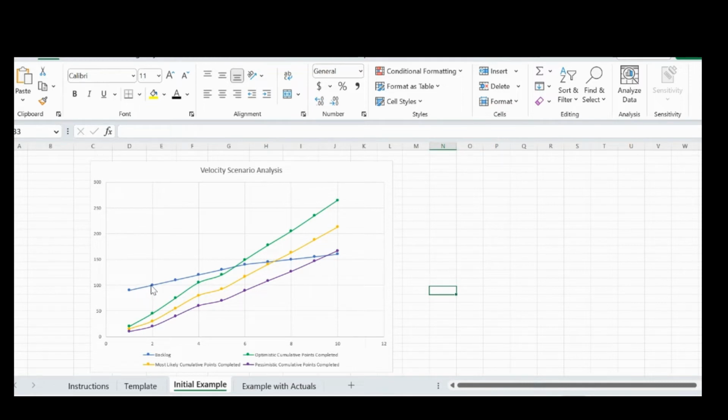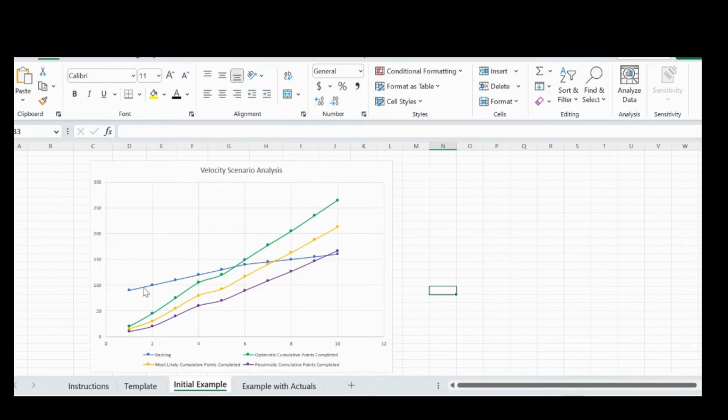So you have this blue curve here representing the story points on your backlog per sprint. The horizontal axis represents the sprints and the vertical axis represents the story points. Now, on the same graph, you plot 3 velocity curves.